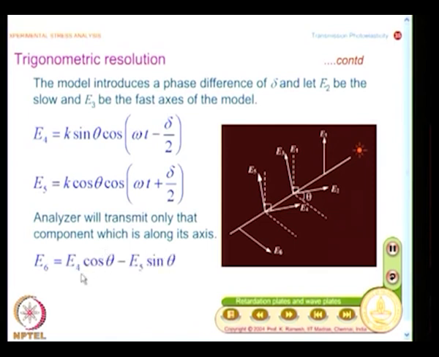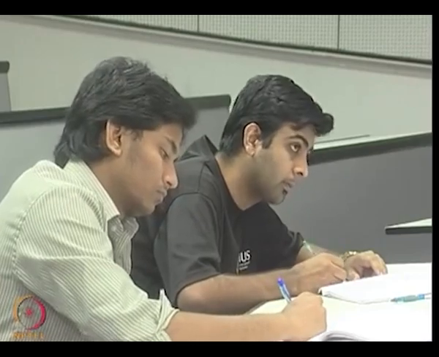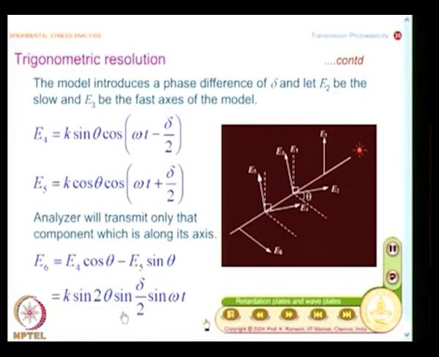That is fairly simple: E4 cos theta minus E5 sin theta, which is also simplified. If you go back, I said for all this you need knowledge of trigonometric identities. It is a very simple step, it is not difficult at all. So, you take this component E4 multiplied by cos theta, E5 multiplied by sin theta, and do a simplification.